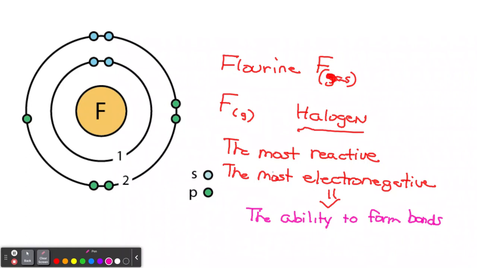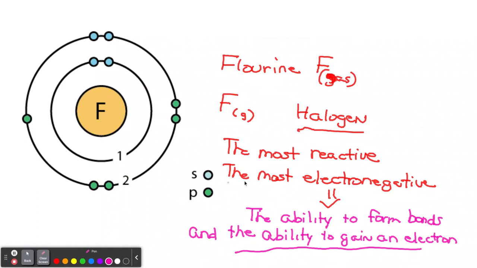Fluorine will react, and it even will react with a noble. Remember I was talking about those noble gases like krypton. It will react with krypton at cold temperatures. We'll talk about that too. So the ability to form bonds, and we'll also say the ability to gain an electron.